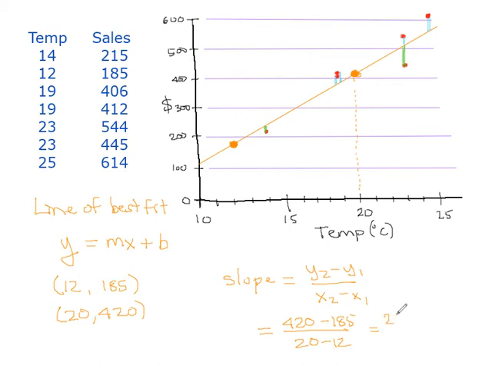What is that? 235 over 8 is 29.375, so 29.4. That's our slope. So now we know our line. We were saying y equals mx plus b. Now we know the m is 29.4. We can fill that in.